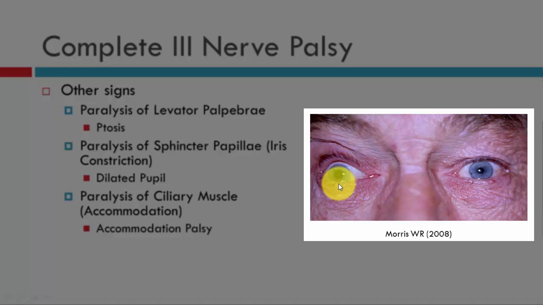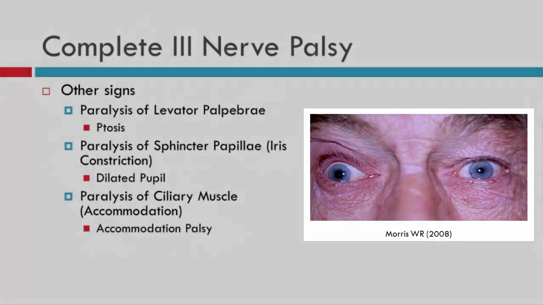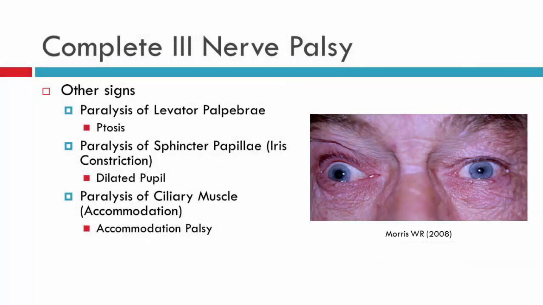So because the third nerve is supplying not only the extraocular muscles in the levator, but also the sphincter pupillae and the ciliary muscle, we will have issues with pupil. With the pupil, you'll have a dilated pupil, and we can have an accommodation palsy in these patients. So patients may complain of uncomfortable vision as they have an issue with one of the eyes accommodating.